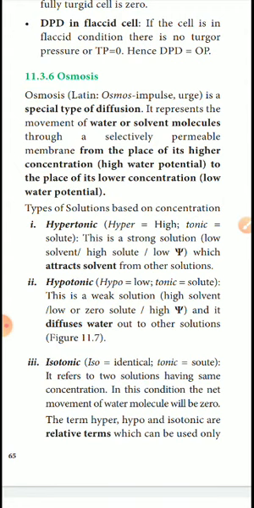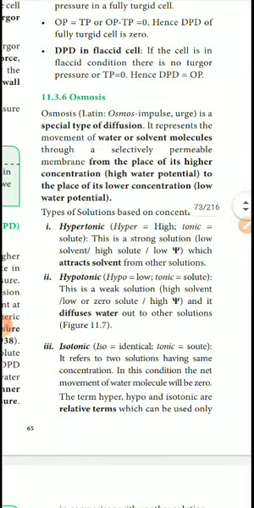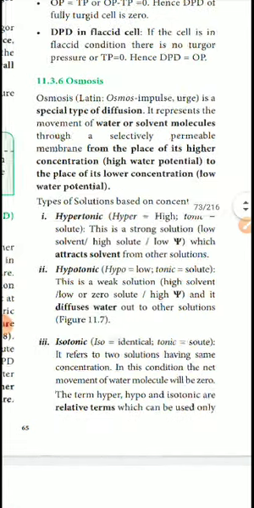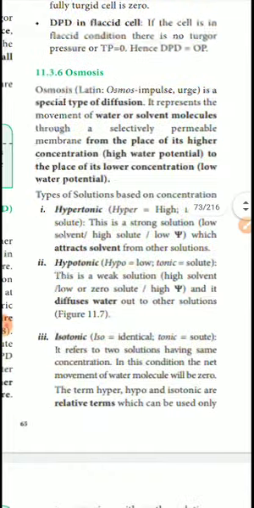If you know it very well, in our school, college, and home we use this osmosis method for filtering the water. So what are the types of solution we can use in the concentrations? Here we are using hypertonic or hypotonic. Hypo means low, I already told, and hyper means high. This is a strong solution which attracts the solvent.